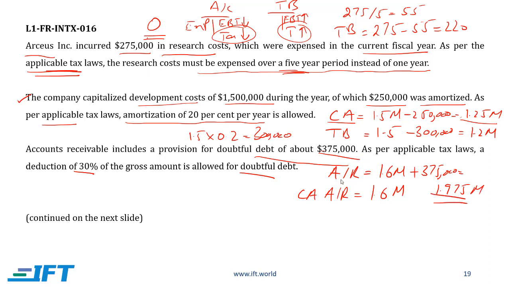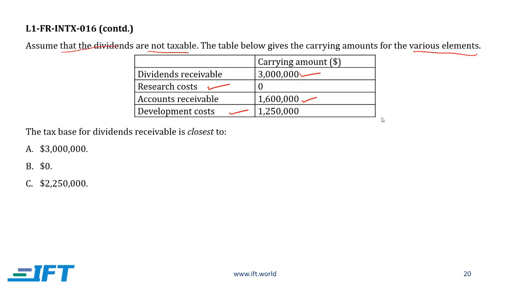So your original account receivable was 1.975 million, and your provision is 375,000. So to calculate your carrying amount, 1.975 million minus 375,000 is going to give you how much? 1.6 million. So we are told that the carrying amount for account receivable is 1.6 million. Okay, let's do question number 16 first.